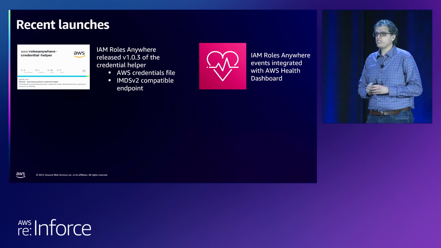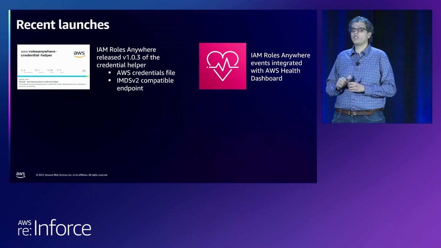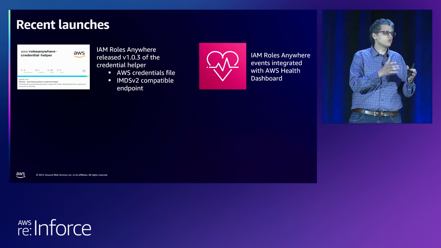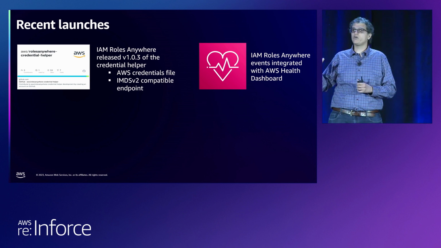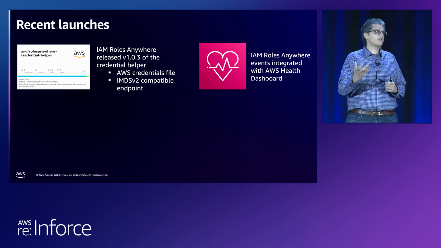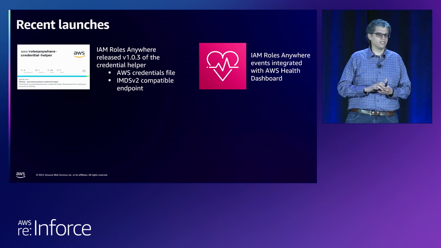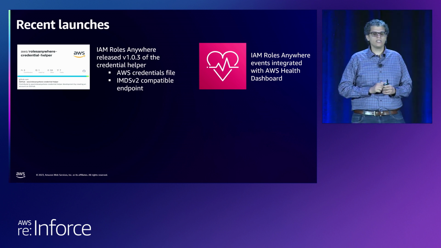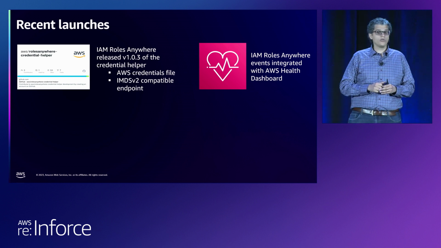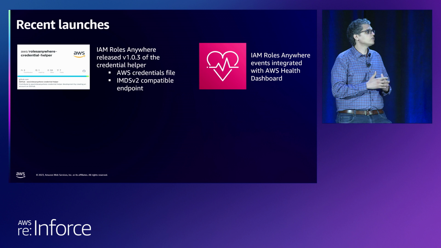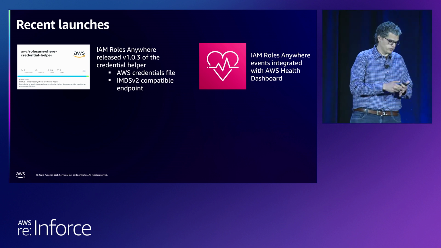Prior to this release, to get those events, you needed to configure Amazon EventBridge to define a rule for what events you are interested in, and then configure the target where you'll get those events. However, with this new release, you will get those events automatically on your AWS Health Dashboard without the need to do any pre-configuration on your side.